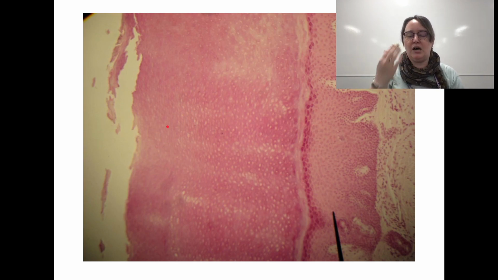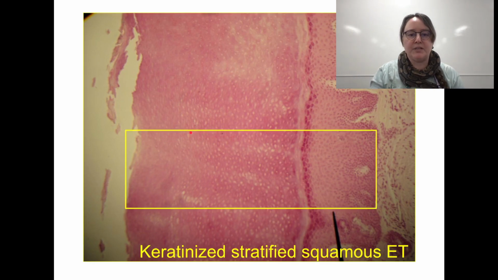They turn from nice healthy cells and kind of shrivel up and turn into layer upon layer of dead cells. So our outer layer that we can touch is actually dead cells. You can see it more right here. Anyway, so keratinized, stratified squamous. Layers on layers on layers, stratified. There you go.